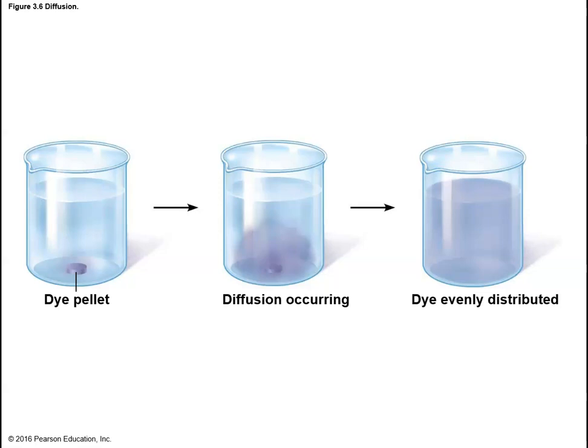And then as the water moves, it carries, in this case, the visible color with it. So at the end of this period of time, we no longer have a pellet with high concentration. We have all of the beaker's water equally concentrated with the purple color. So diffusion again, moving from high concentration to low concentration, seeking equilibrium.